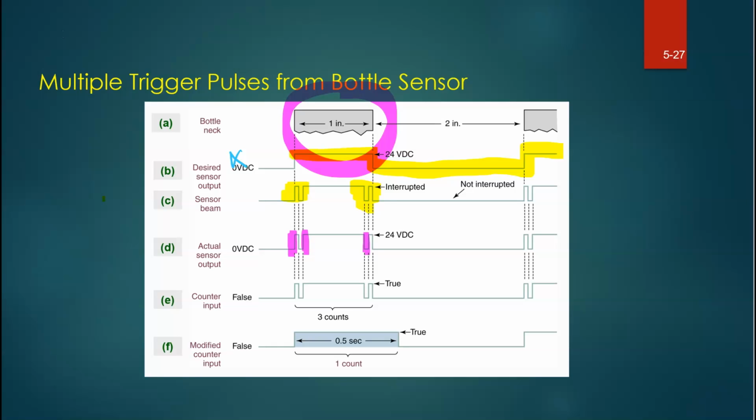What we can do is consider the first transition and use this first transition to enable a timer for a length equal to 0.5 seconds. As soon as the timer receives the first transition from the sensor, it will be enabled.